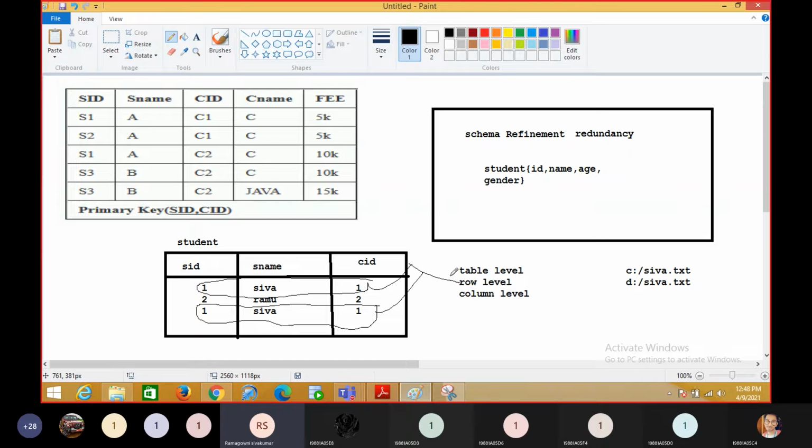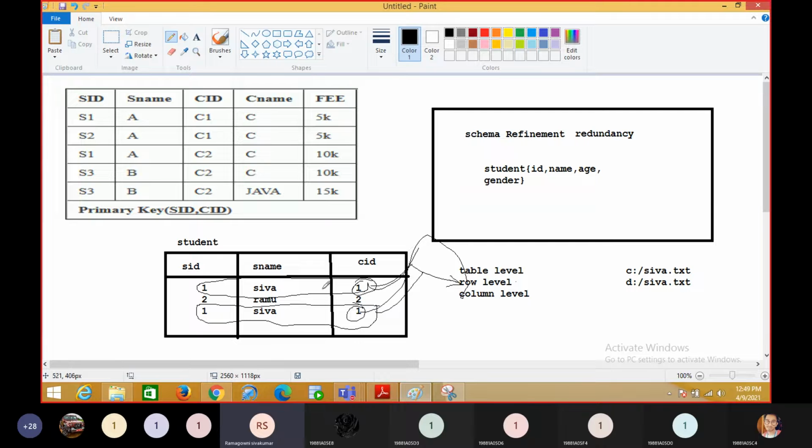Next, column level redundancy. See, if you have another table, the same column name is available. Here one is available and here also one is available. So this is called column level redundancy.